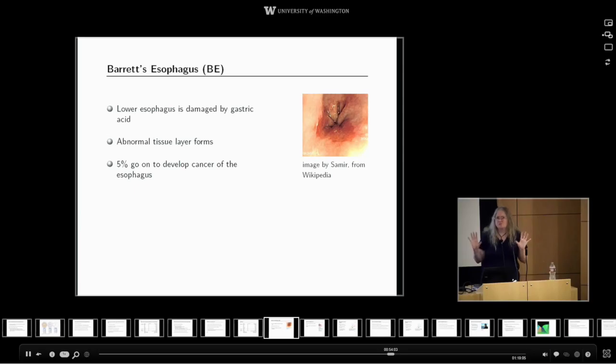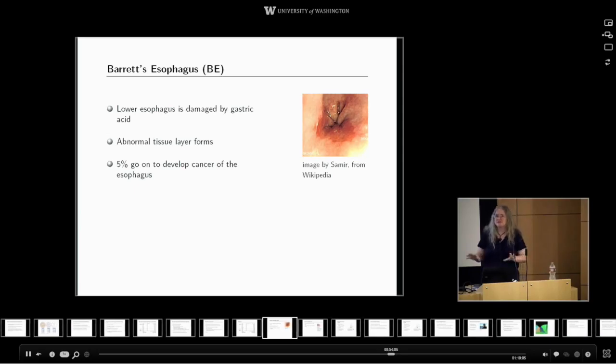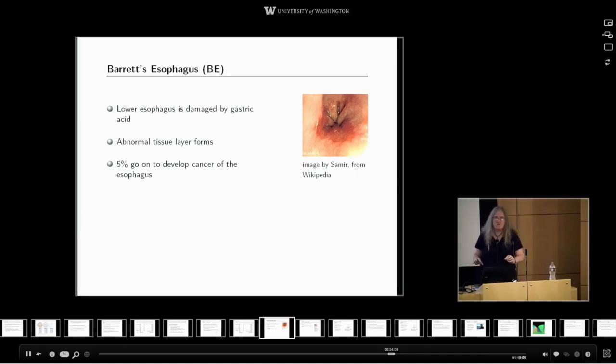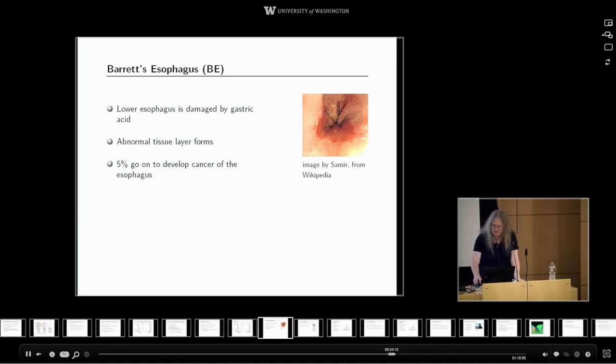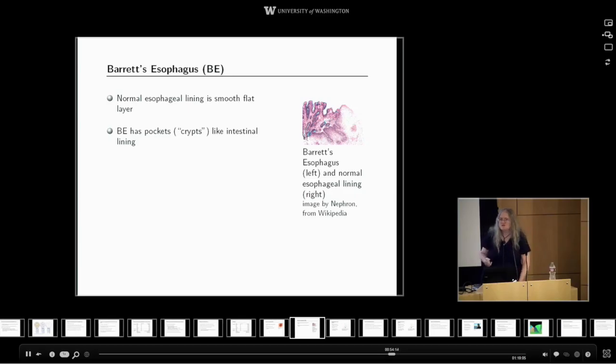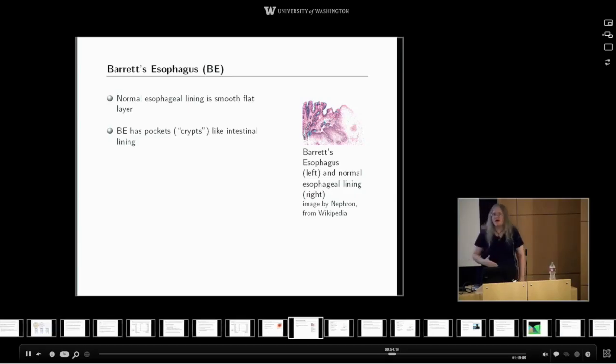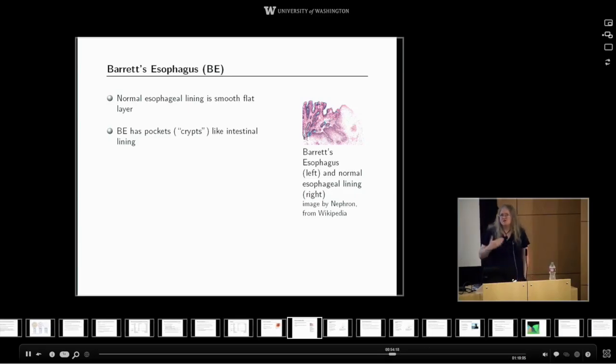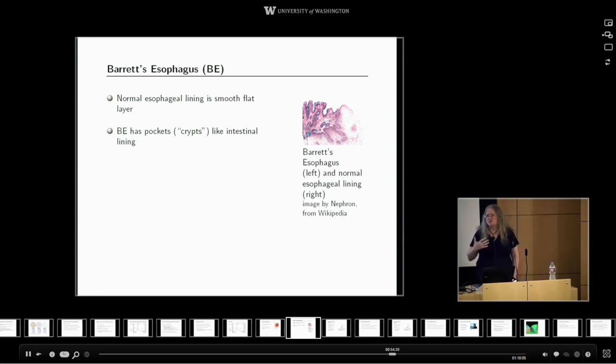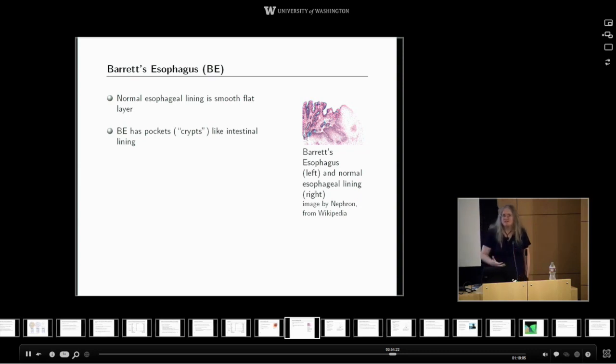It's often referred to as a pre-cancer condition, but I think that is unnecessarily terrifying to people, 95% of whom are not, in fact, going to get cancer from it in their lifetime. Normally, the lining of the esophagus is a smooth, flat layer. The esophagus has to deal with food, but it's not really expecting to deal with concentrated hydrochloric acid.